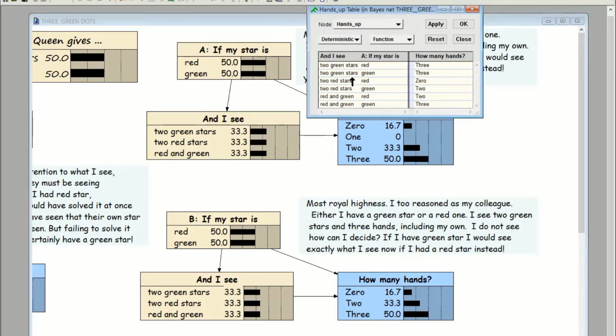I will raise my hand, and the other 2 will raise their hand as well. If I see 2 green stars, and my star is green, obviously I'm going to see 3 hands. If I see 2 red stars, and my star is red, obviously I'm going to see no hands up. I put 0. If I see 2 red stars and my star is green, I will see 2 hands, because if my star is green, 2 people will see that.